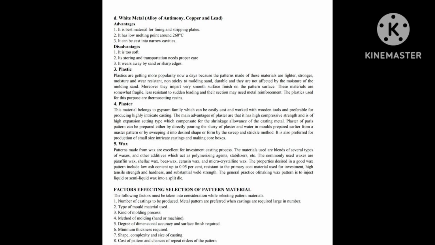The properties desired in a good wax pattern include low ash content up to 0.05%, resistance to the primary coat material used for investment, high tensile strength and hardness, and substantial weld strength. The general practice of making a wax pattern is to inject liquid or semi-liquid wax into a split die.